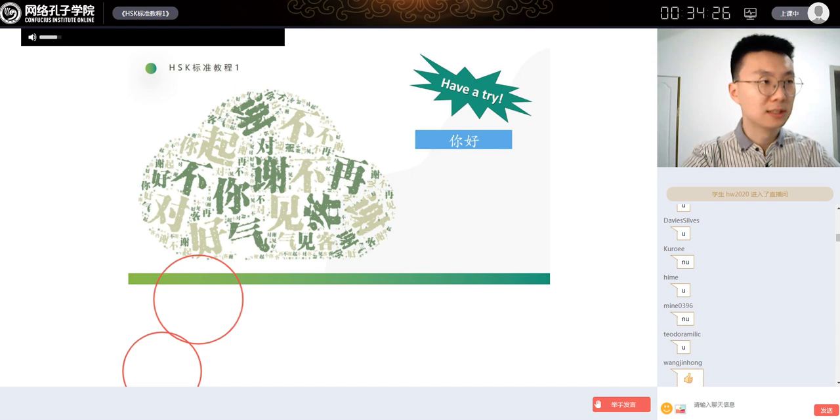Like 再见 and 对不起，对不起, and some other characters, some other words. 对不起，对不起，再见，你好 and there are more words. Very good.